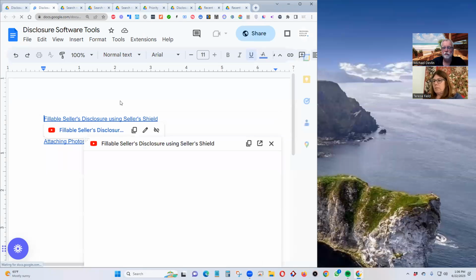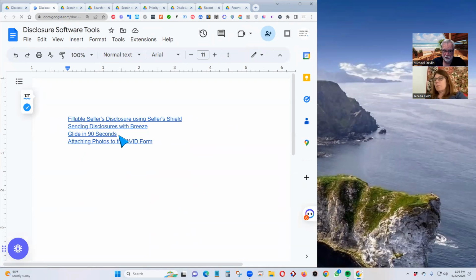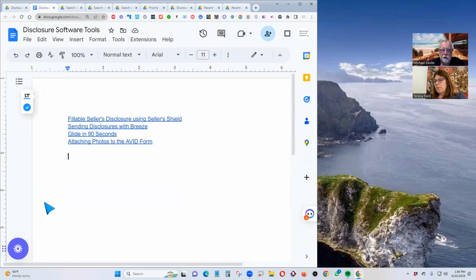One of them is called Glide, where you can watch the seller completing the forms. You can see what they're choosing. And sometimes you stop them and say, question number 14, did you really mean no?